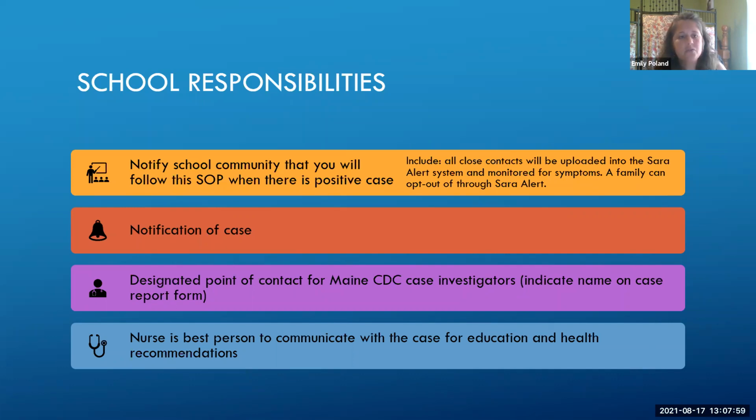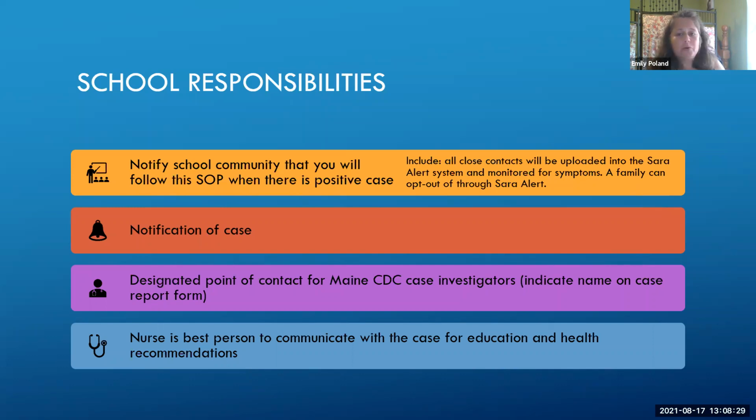It isn't always the school nurse. It could be a principal or someone else. But that needs to be indicated on the case report form, with a phone number on how they can follow up and reach you. It's best if you have a couple of phone numbers, so if they don't get to you, case investigators don't end work at 3:30 like many schools do. So it would be good if they had a phone number to reach you outside of those hours as well.